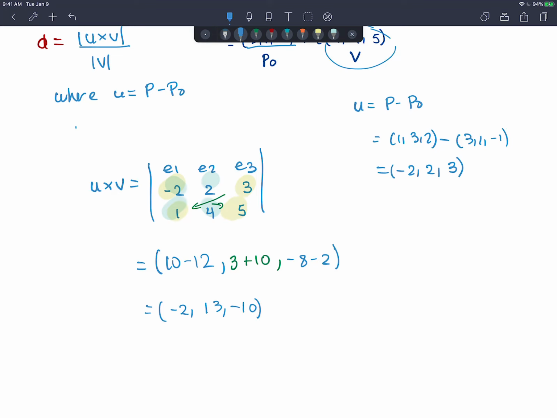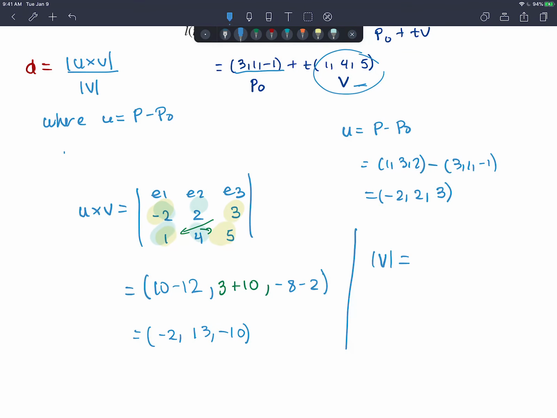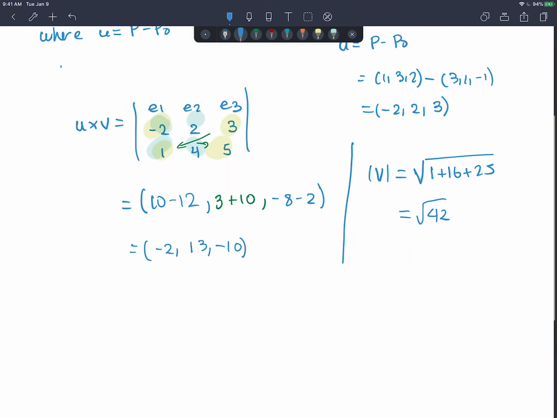Okay, I'm almost there. What I need to find now is the magnitude of my vector v. So that's the magnitude of this vector v up here. So it's just the square root of 1 plus 16 plus 25, and that's the square root of 42. So there we go.